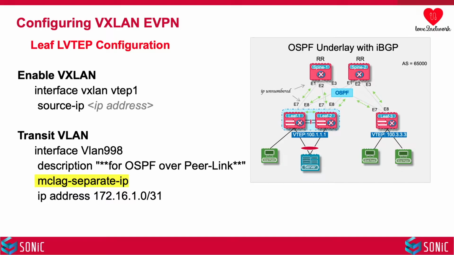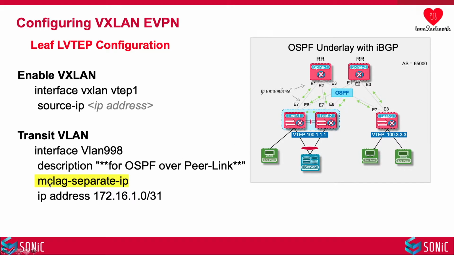Because these switches are part of an MC lag domain, ICCP will make sure that this VLAN, in this case VLAN 998, has identical MAC on both switches. Not good for us because this will break our communication. So how do we tell ICCPD that although these SVIs are in the same MC lag domain, please don't assign MC lag gateway MAC to these?